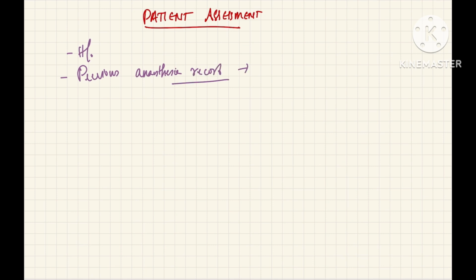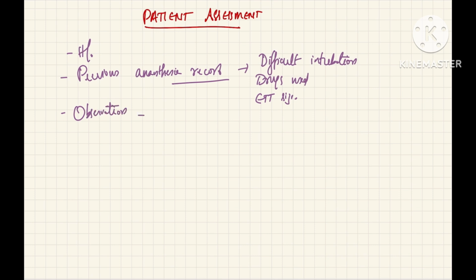In this, we have to concentrate on if there is any difficulty in intubation, what are all the drugs used, and what is the ET tube size that is used, and observation of the patient or examination of the patient for conscious level, pallor, and hydration level.